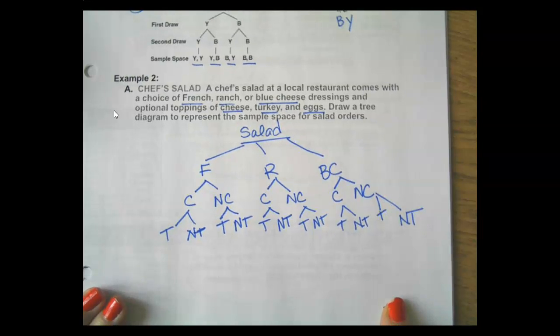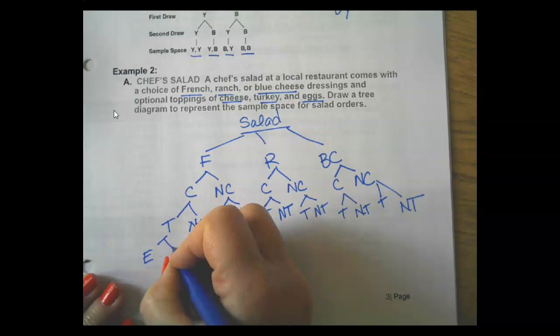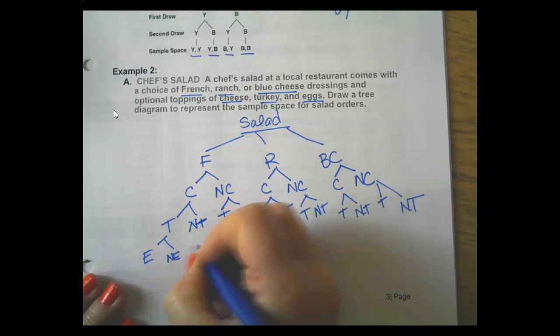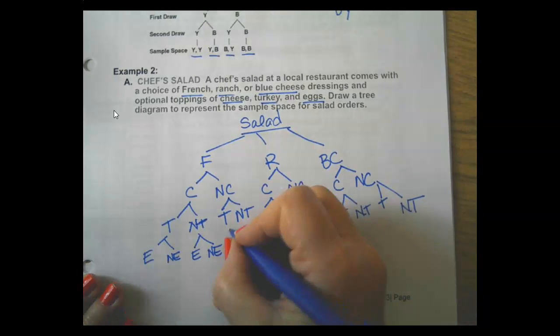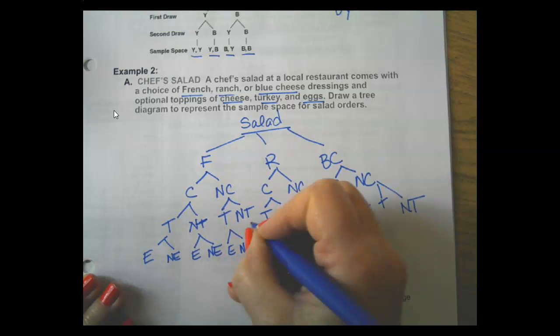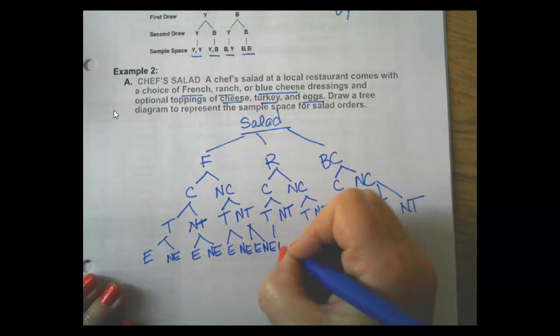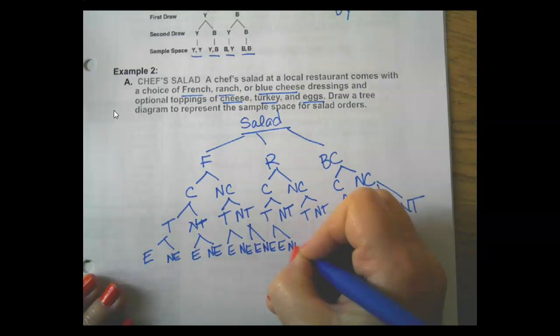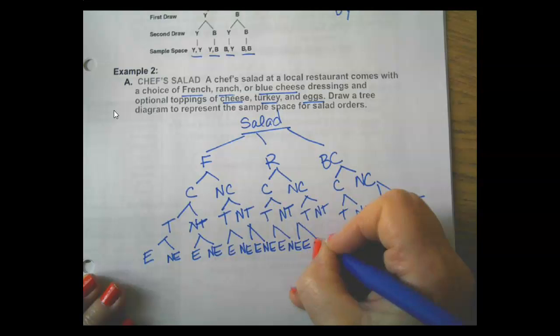Okay, so the next thing is eggs, no eggs, right? Eggs, no egg, for each branch.